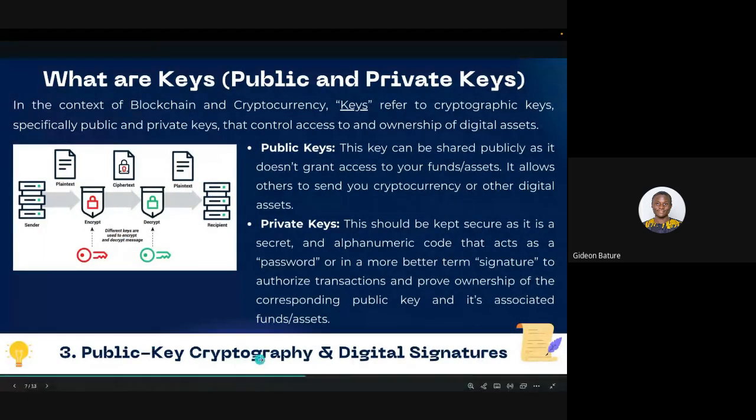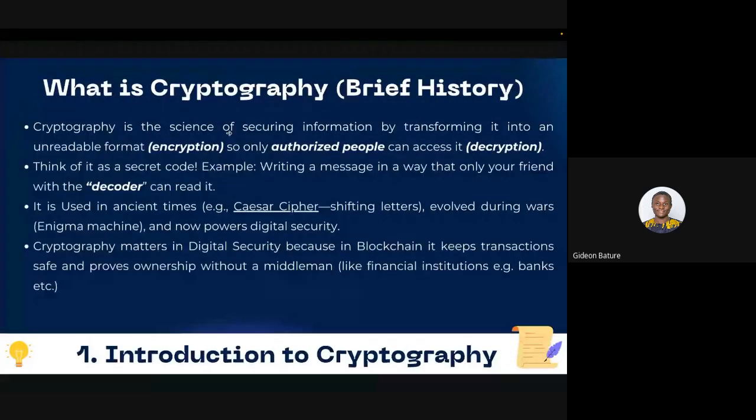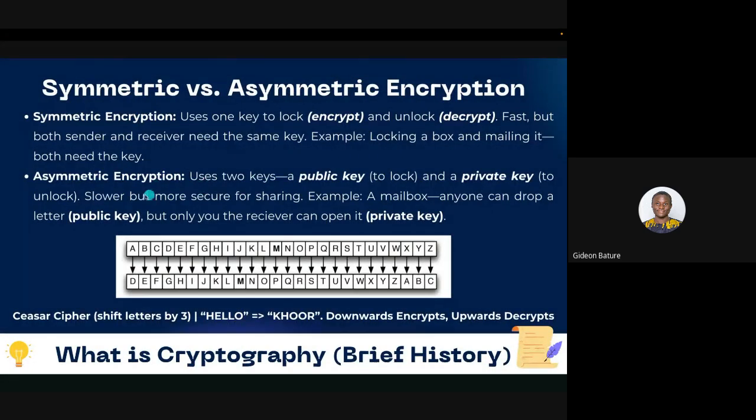Now we'll be looking at public key cryptography and digital signatures. So what are keys? When we say keys, most especially in this case, we are talking about public key and private key. We've talked about them a little under asymmetric encryption, not really much, but at least.